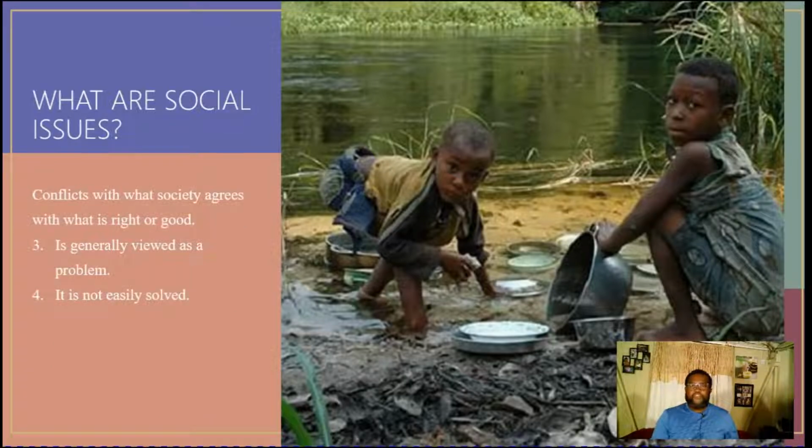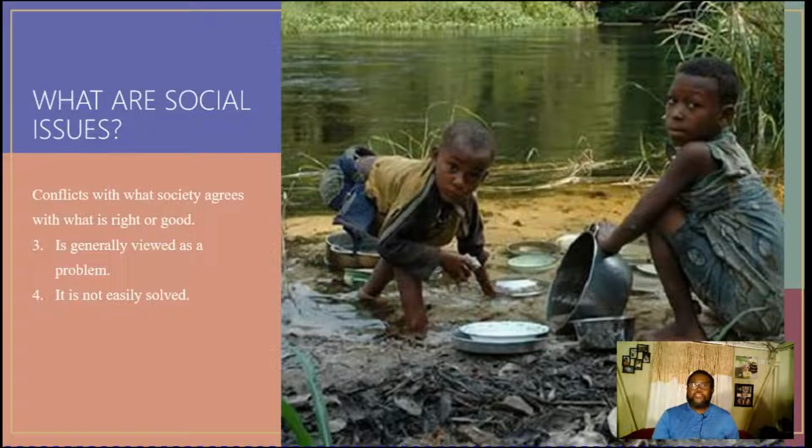Okay, three, it is generally viewed as a problem. These are things that are generally viewed as a problem. They are problematic. They cost finances, they cost life, and they also cause people to lose opportunity in society and cause them to be in poverty. There are various consequences when these social issues are rampant in society.